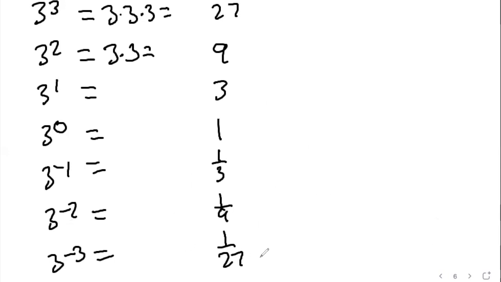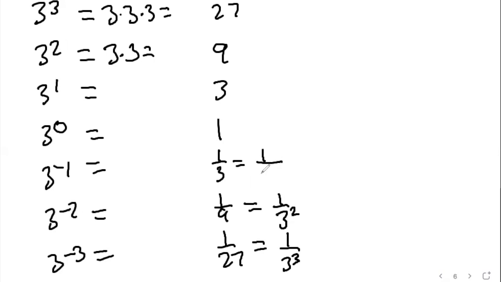Notice that 27 is literally 3 cubed. So I could write this as 1 over 3 cubed. And 9, that's literally 3 squared. So I could write this as 1 over 3 squared. Even 3 here, that's 3 to the first, technically.